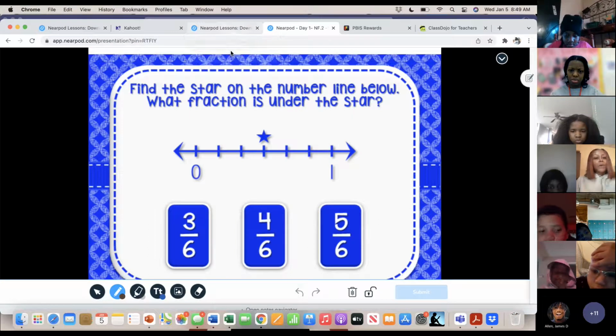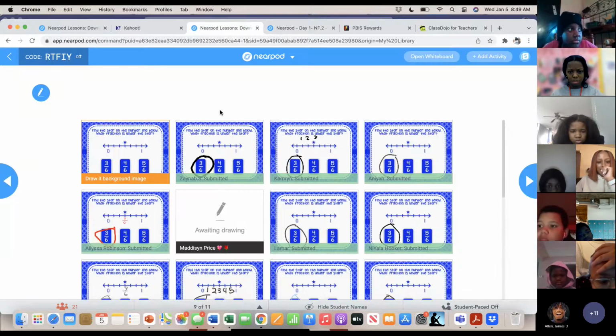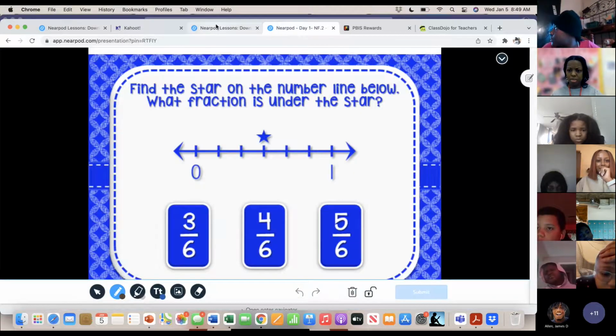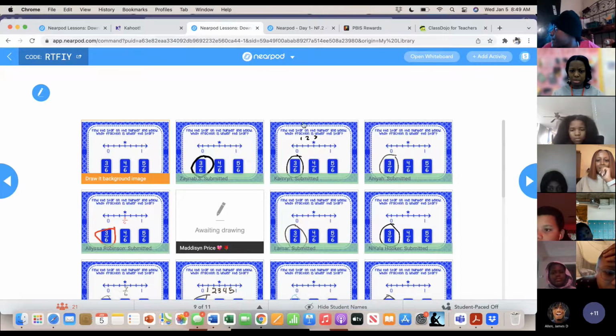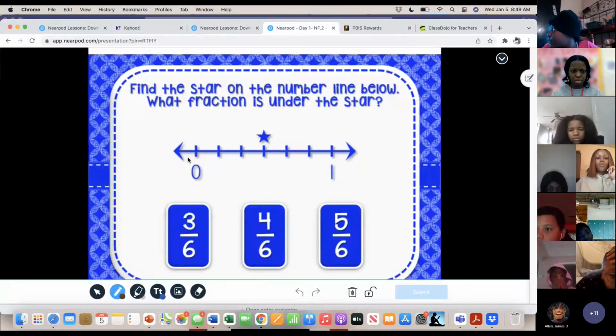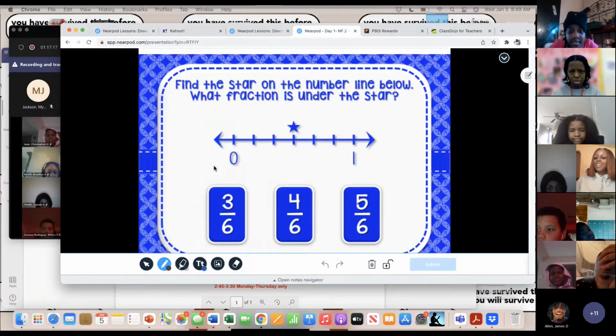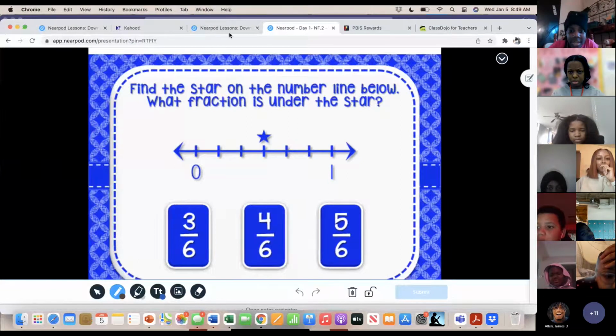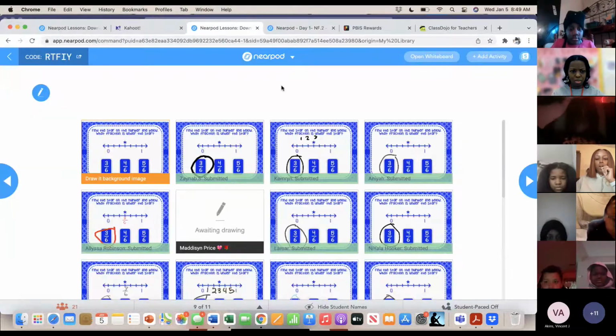So I saw 3/6 and I saw 4/6. Okay, let's talk about this. I saw 3/6 and I saw 4/6. So the answer is, y'all ready? The answer is 3/6. If you chose 3/6, you were correct.